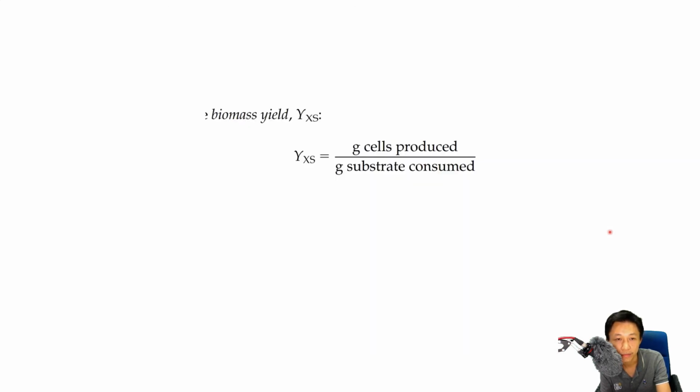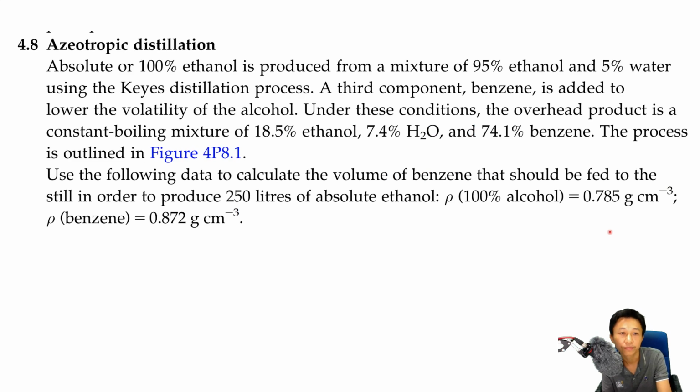And this is biomass yield. It is defined as cell produced divided by substrate consumed. This is the meaning of biomass yield.